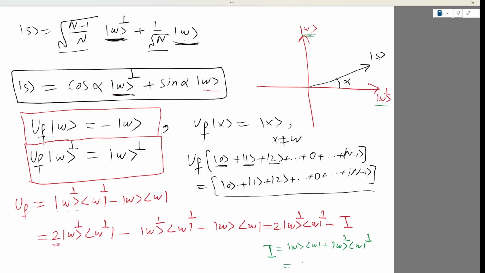Identity is just this matrix, because in this basis W and W perpendicular, this is this. And now if we look closely at this UF operator, this is nothing but a reflection operator.